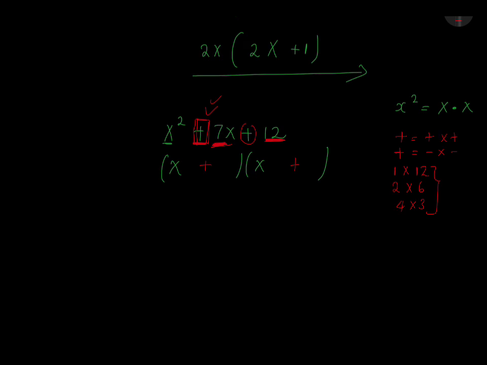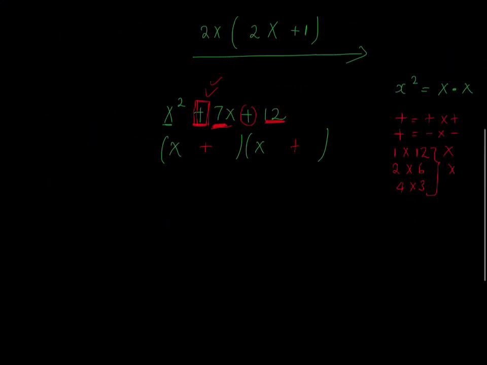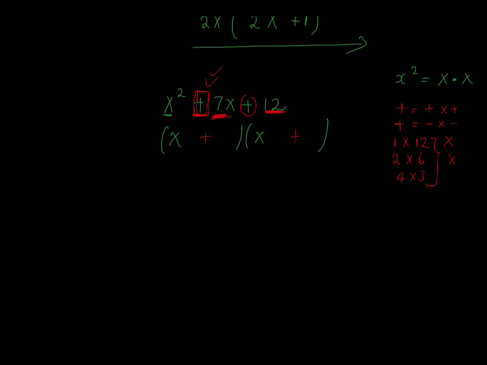If we add 1 and 12, it's not gonna give us 7, so we cancel out 12 and 1. If we add 2 and 6, it's not gonna give us 7, so we cancel out 2 and 6. If we add 4 and 3, it's gonna give us 7. So we're gonna work with 4 and 3. So this is a simplified form of this expression.